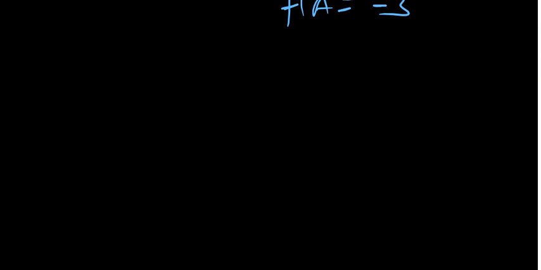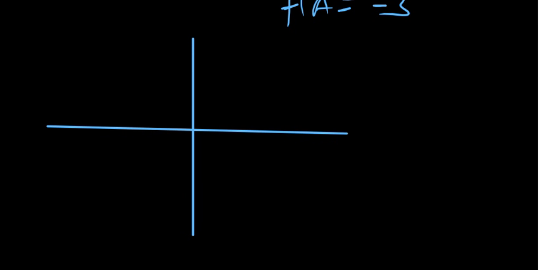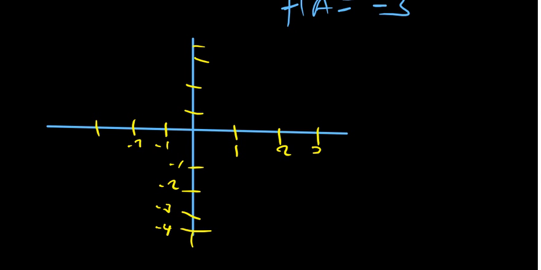Meaning that the line, when I put it on the graph, this is my graph. Okay? We have 1, 2, 3, negative 1, negative 2, negative 3, and so on for both axes. Let's put 5, and even here we can include negative 5.